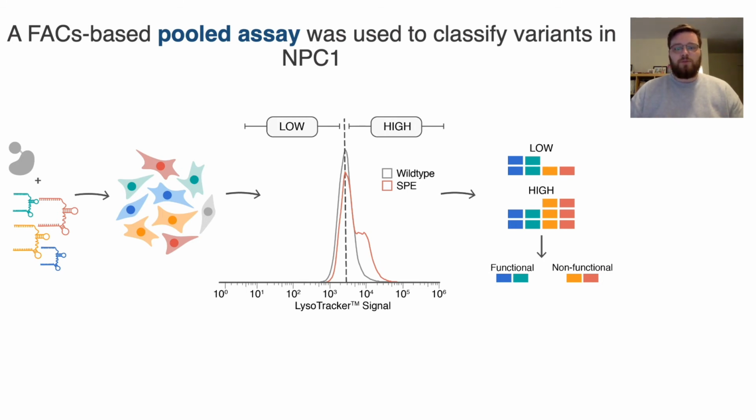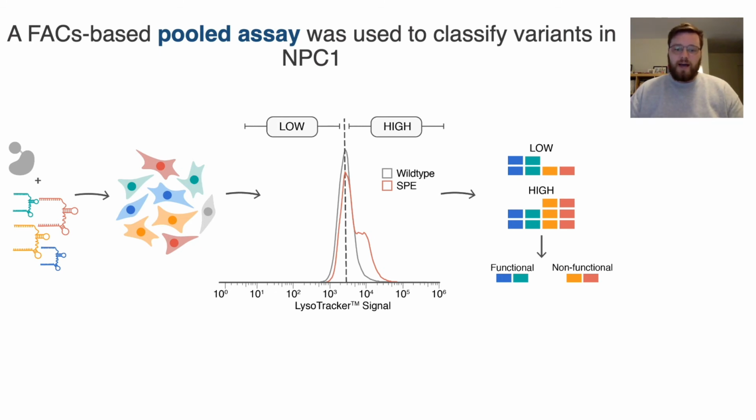So the assumption would be, once we sort these out, extract the DNA and sequence the target locus, if we calculate the log-fold change between those two populations, so how each mutation is distributed across those two populations, we would expect a benign variant to act like wild type, so you'd find it about equally in both the low and high population.